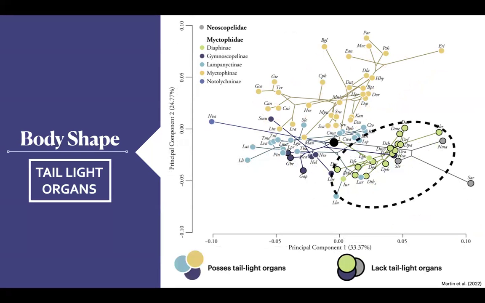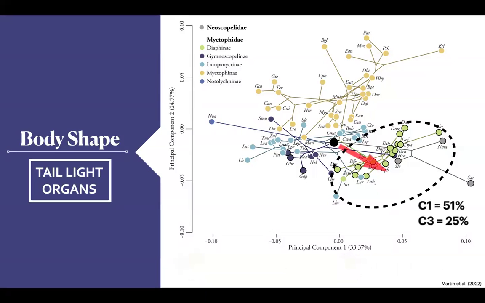And again, like I mentioned, you have Diaphinae, which have all converged on this end of morphospace. And not only that, but I added the other family, the black chins, which also don't have light organs, and are also associated with this corner of morphospace. And so it's thought that maybe they have converged in this area.